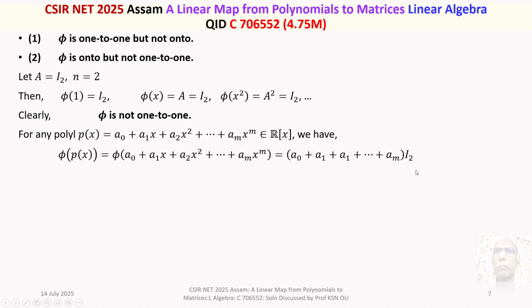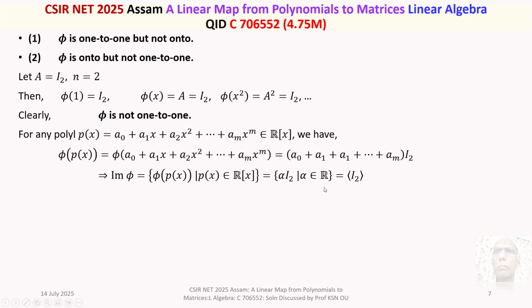So, the image of phi will be the set of all images under phi, that is phi of p(x), where p(x) belongs to R[x]. What is phi of p(x) for any p(x)? It is alpha I_2, where alpha belongs to R. So, that means it consists of all scalar matrices.